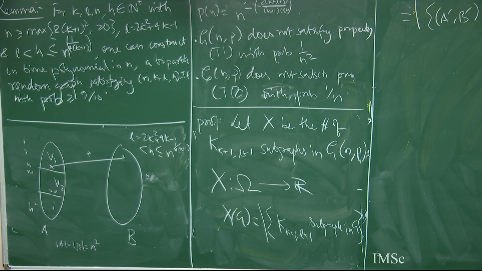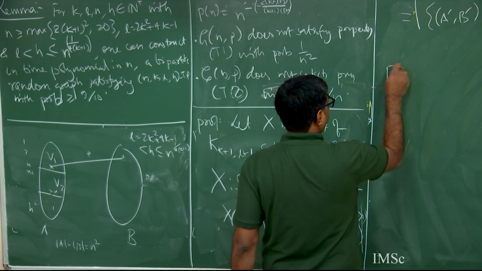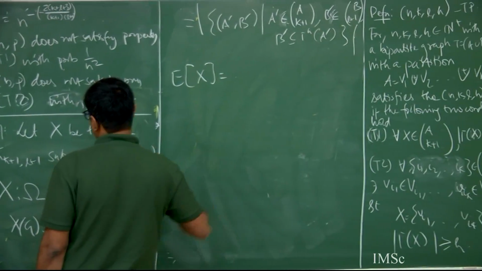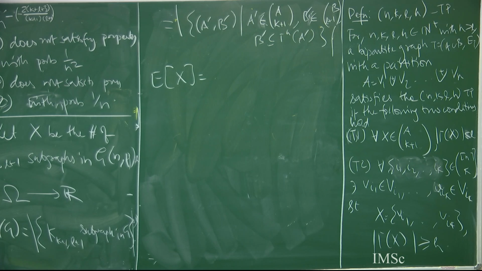Yeah, so I am asking, right, what is the expectation of x? I told you what x of G is. It's n choose k plus 1 times n choose L plus 1 multiplied by the probability of that, that's it.